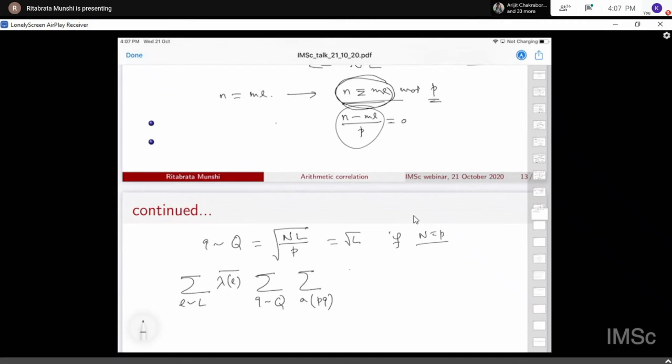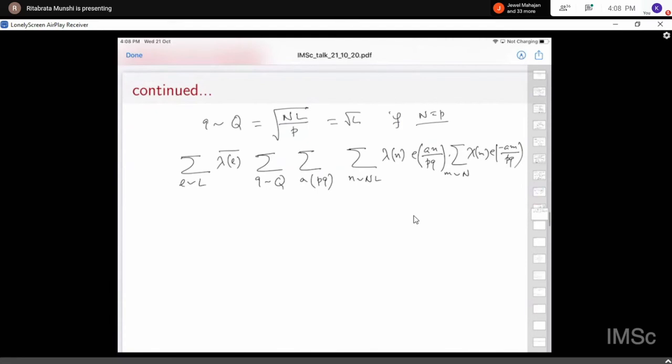Then I have the sum over N of size NL of lambda N, E of AN by PQ, and then a sum over M of chi M, E of minus AM by PQ. Our job is to save NL and a little more in this sum.